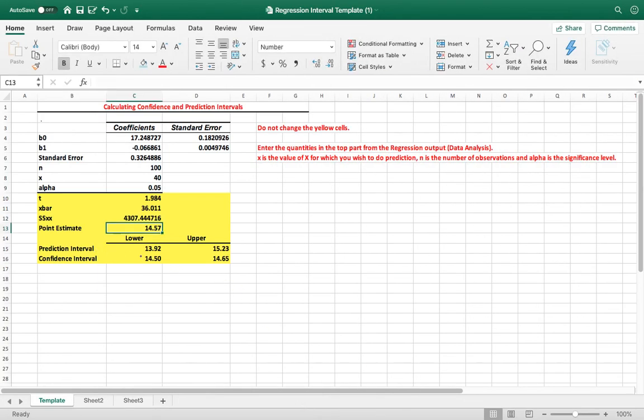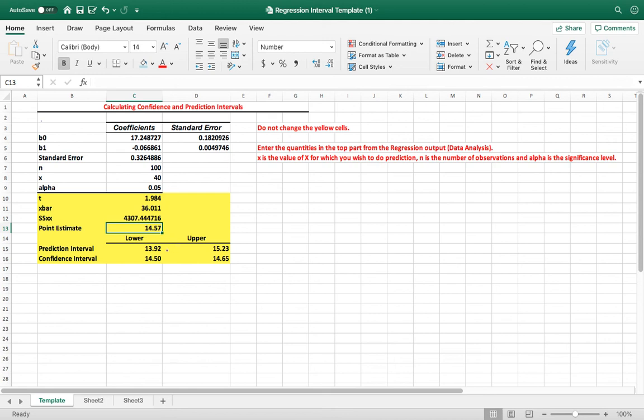And so we'll get the prediction interval as being 13.92 up to 15.23, and the confidence interval is 14.5 through to 14.65, and of course that's in thousands of dollars.